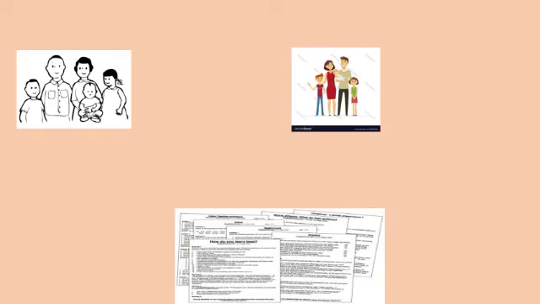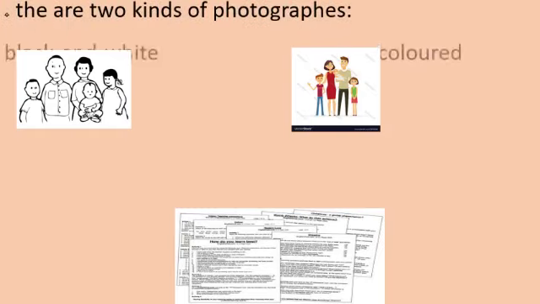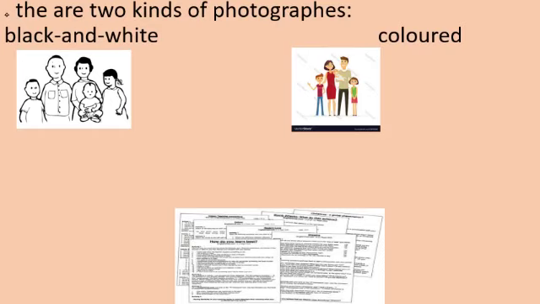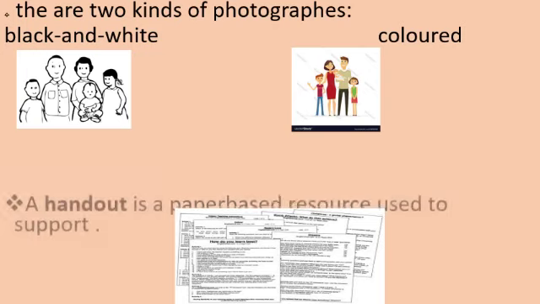There are two kinds of photographs, which are used: black and white and colored. One can use photographs which are on sale, for example, our family, my home, and others.